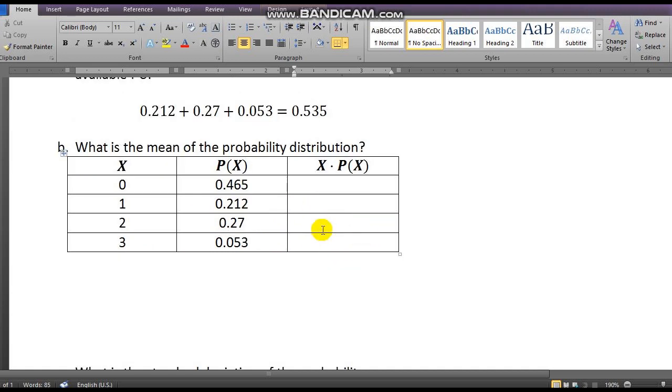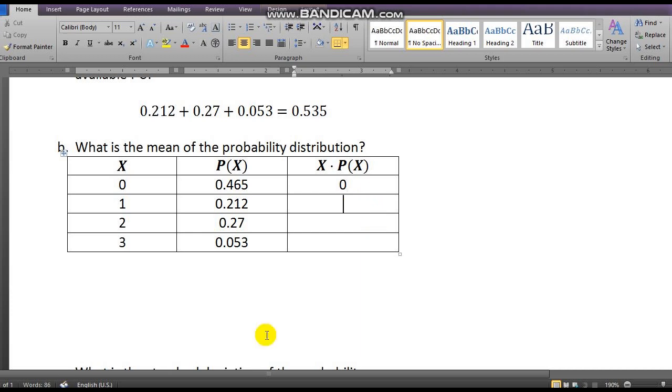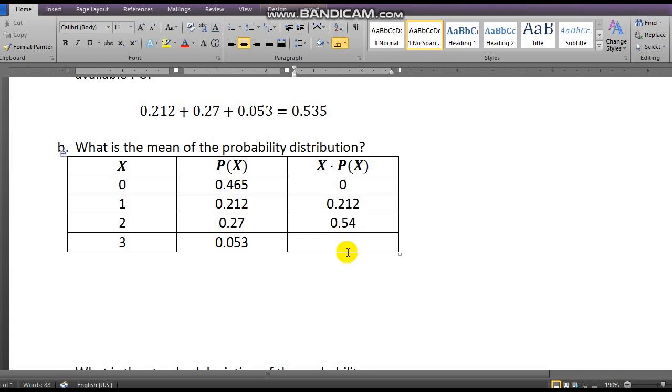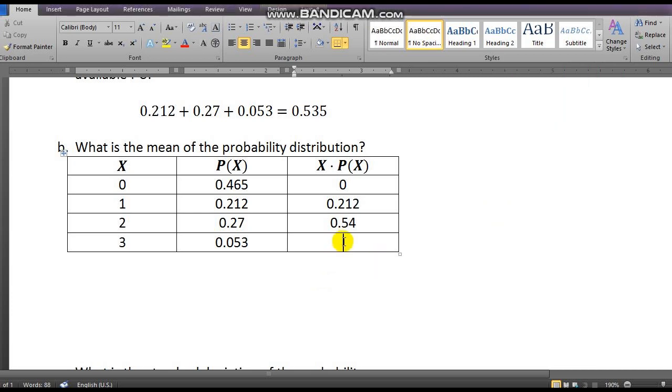Then let's multiply these two here. 0 times 0.465 is 0. For the second one, 1 times 0.212 is 0.212. For number 2, 2 times 0.27 is 0.54. And for number 3, 3 times 0.053 is 0.159.